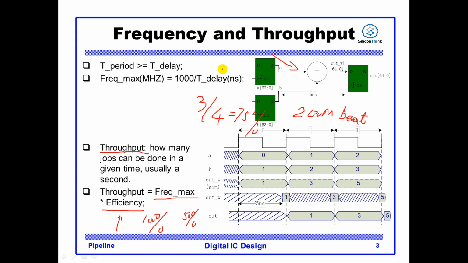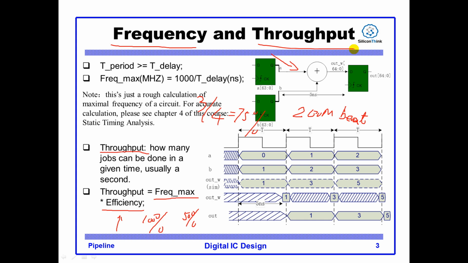So in this slide you can understand how to estimate the maximum frequency for a circuit and how to calculate the throughput of the circuit. And you must note that the calculation of maximum frequency is just a rough equation. For detailed calculation, please see chapter 4 of this course, that is the static timing analysis.